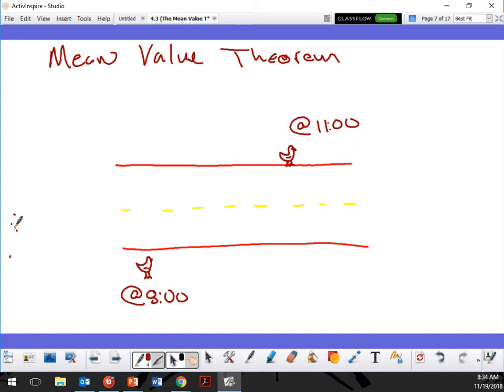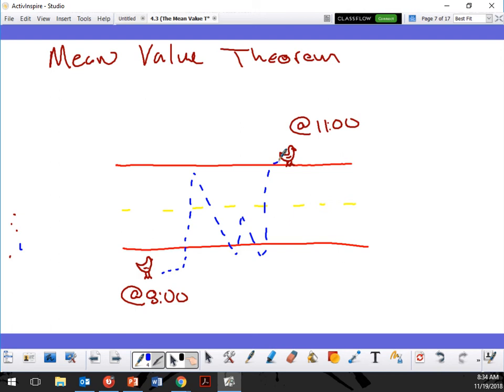Now, the whole meaning about the mean value theorem is that somewhere, at some point, he eventually crossed the road. So my path could be, if I start here, he's like... You think the chicken is so stupid?